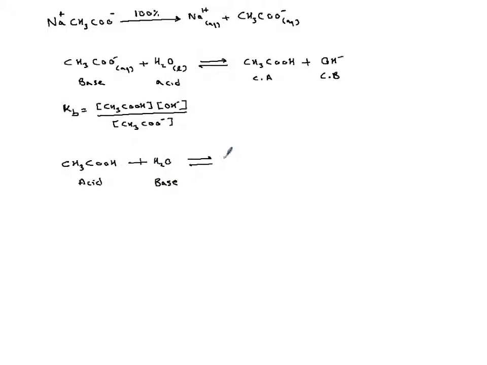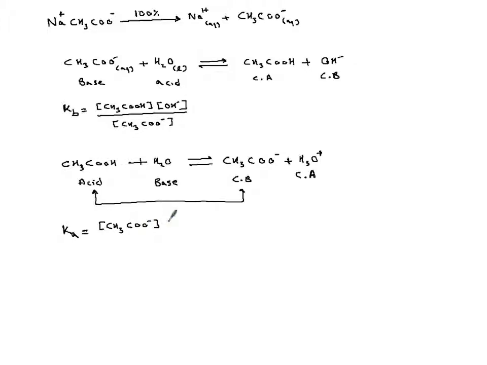The leftover is CH3COO minus, which will be your conjugate base. These two are related by a swap of a proton, and hydronium ion is always a conjugate acid. Now I can write Ka, because this is the acidic direction: the products CH3COO minus times hydronium, divided by ethanoic acid, CH3COOH.